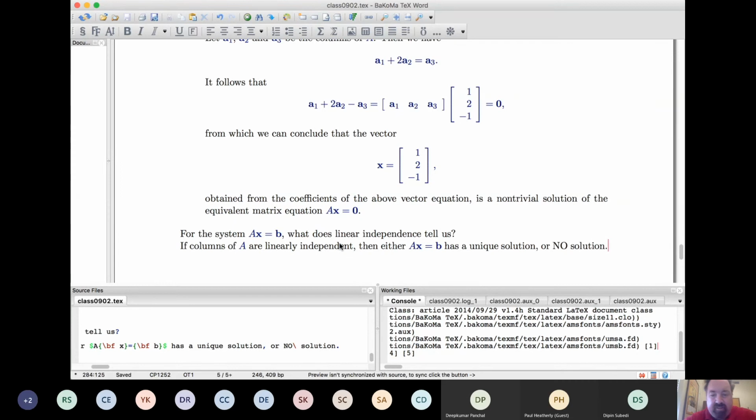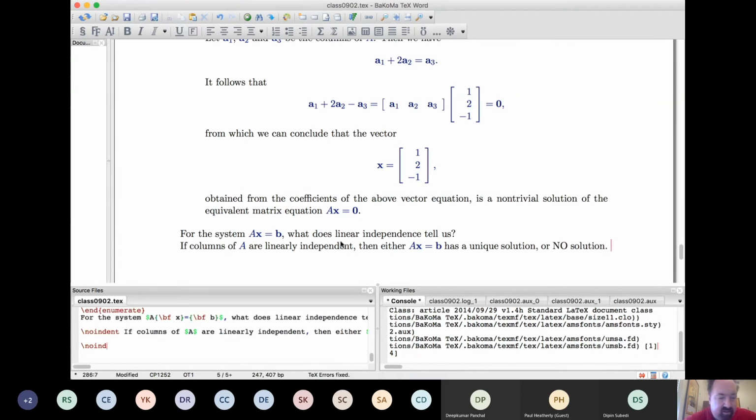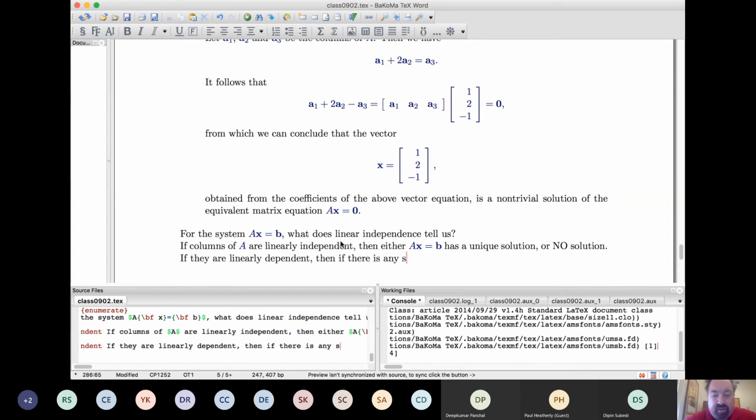And we can also say if they are linearly dependent, then if there is any solution, there are infinitely many.